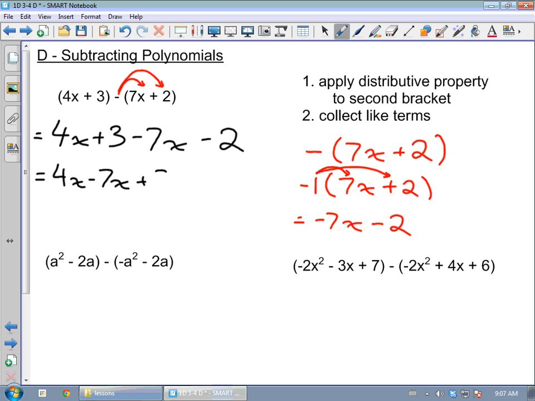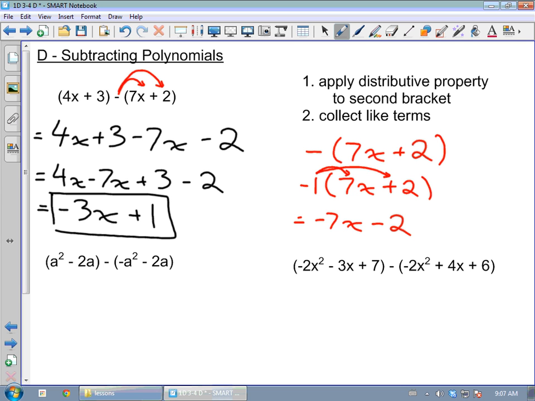So I'm going to put the positive 3 and the negative 2 next to each other. And then I'm going to do my subtraction in this case. 4x minus 7x is negative 3x. 3 minus 2 is positive 1. So my answer, negative 3x plus 1.